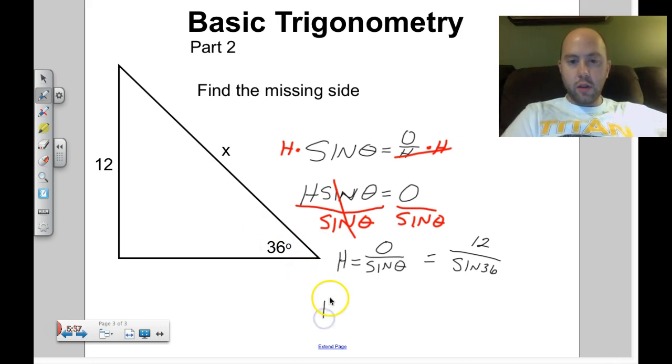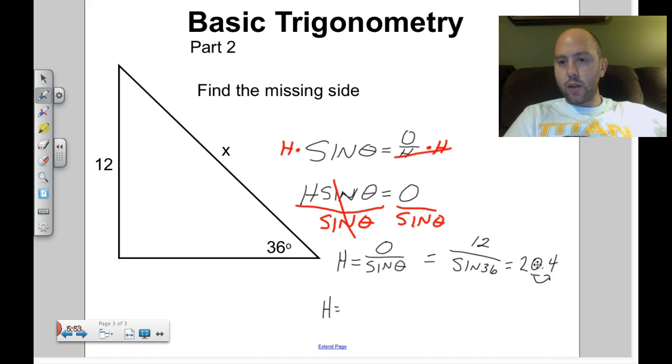So, to do that, I'm going to write out the first couple numbers. 20.4. Again, look at the number next to it. It says keep that as 0. So the answer is 20. But we have a problem.